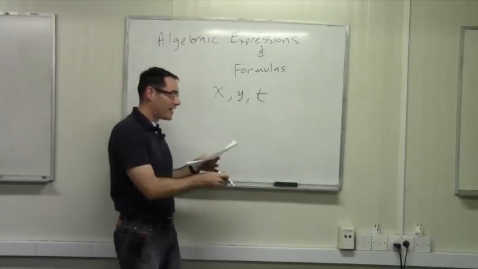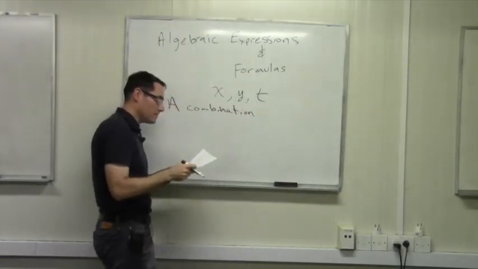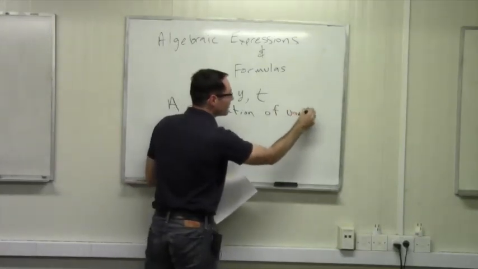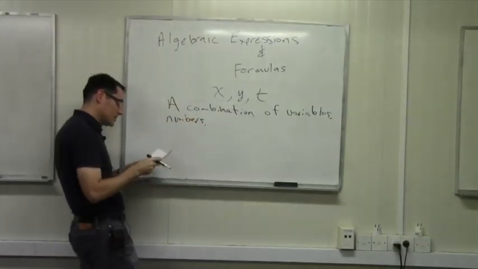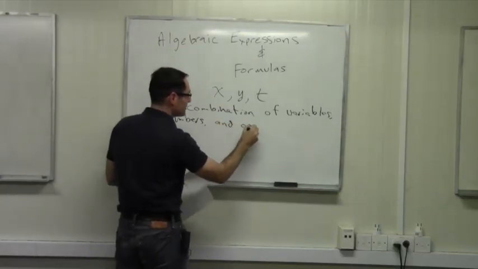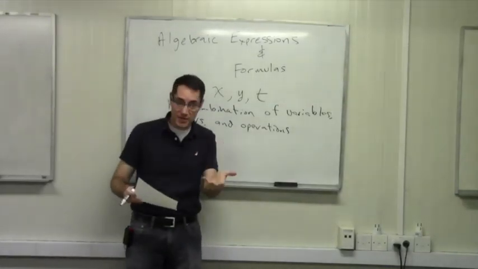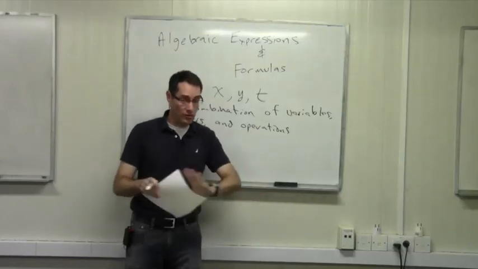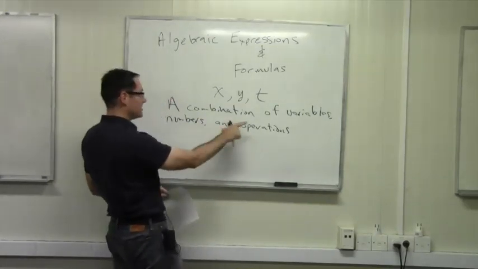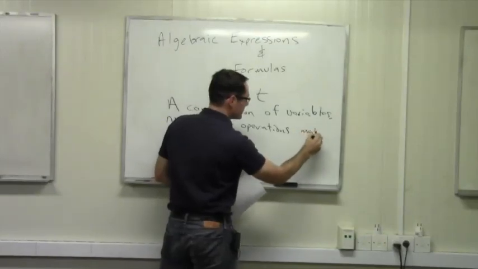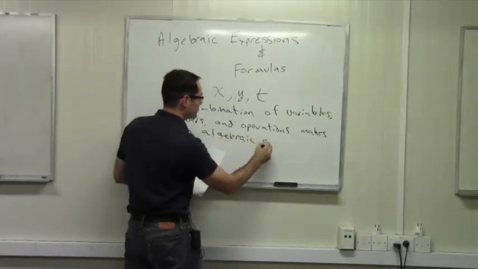So when we have a combination of variables, numbers, and operations, and operations are like addition, subtraction, multiplication, division, square roots, and exponents, all the things that we've been talking about, and you can also throw some parentheses in there as well, the combination of variables, numbers, and operations makes an algebraic expression.